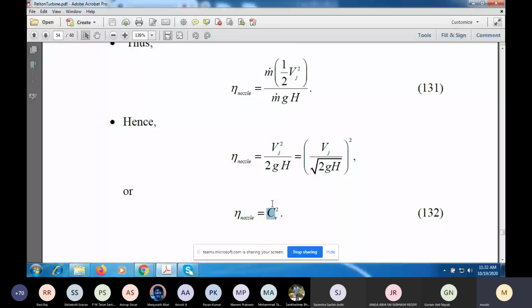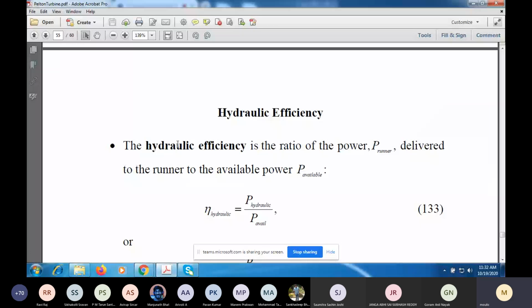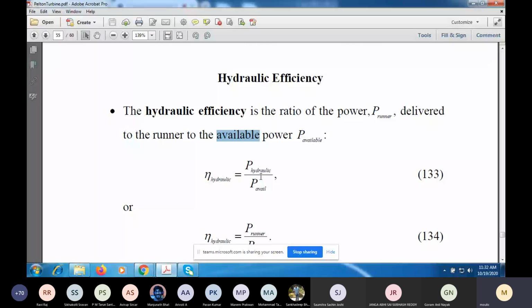Now we'll define a quantity which is called the hydraulic efficiency, which is the ratio of the power delivered to the runner by the fluid to the available power. Available power means the power that is available at the base of the nozzle. So eta with the subscript hydraulic is the efficiency of conversion of energy from whatever is available at the base of the nozzle to the rotor.